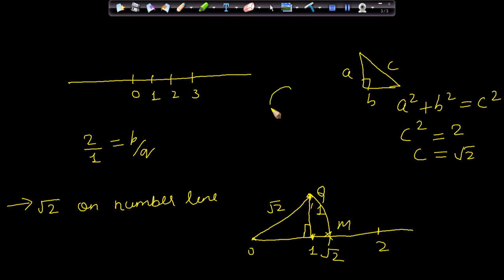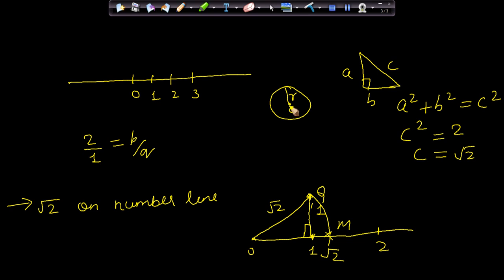What is a circle? A circle is a curve on which all the points are equidistant from a particular point, which is called the center. It is a curve on which all the points are equidistant from the center.